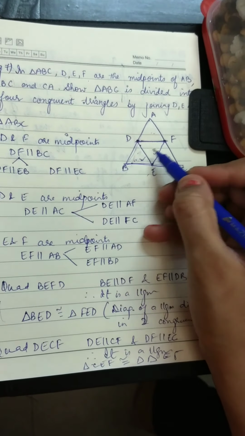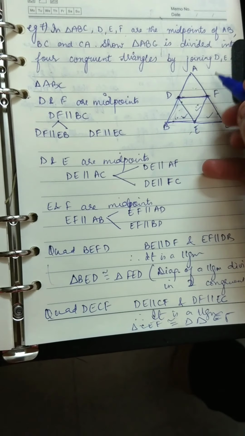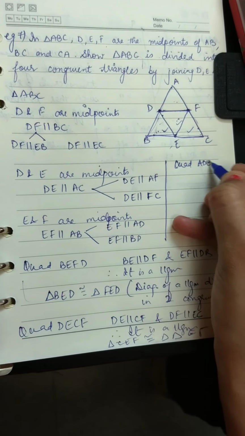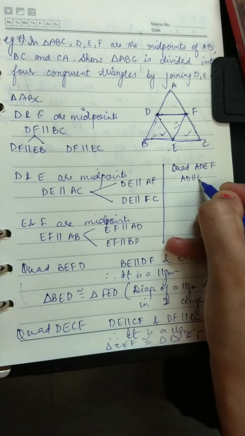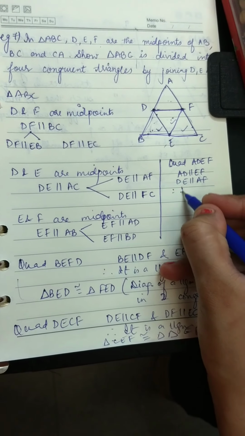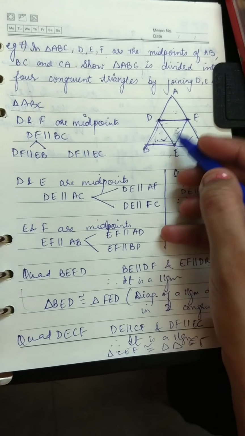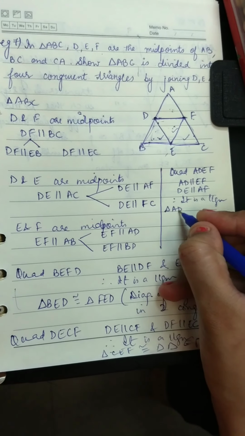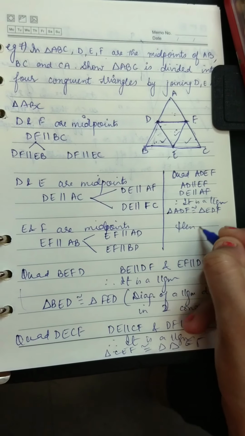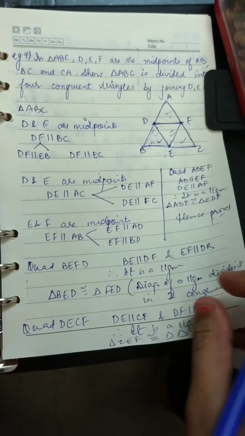Now similarly in quadrilateral ADEF, AD is parallel to EF and DE is parallel to AF. Therefore it is a parallelogram. And similarly diagonal DF divides it into 2 congruent triangles. Therefore ADF is congruent to triangle EDF. Hence proved that these midpoints are dividing it into 4 congruent triangles.